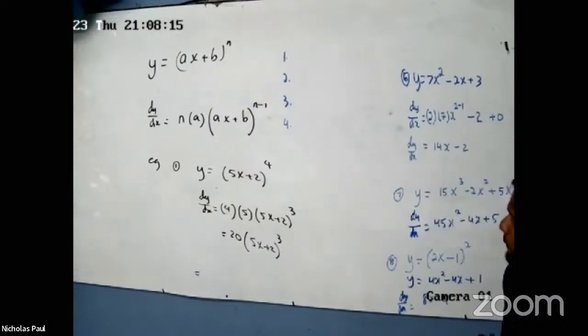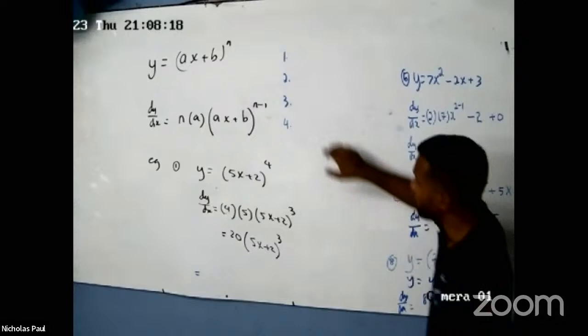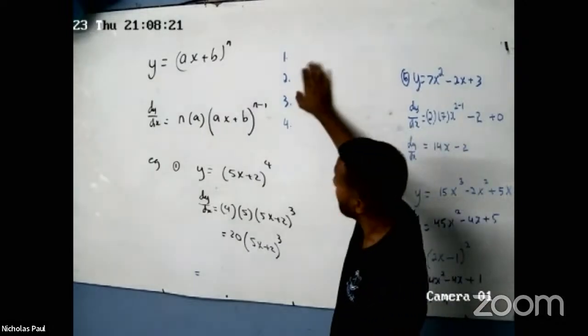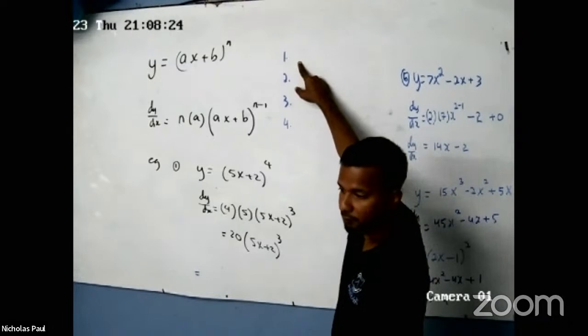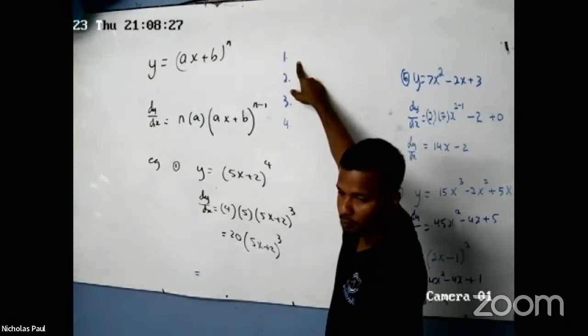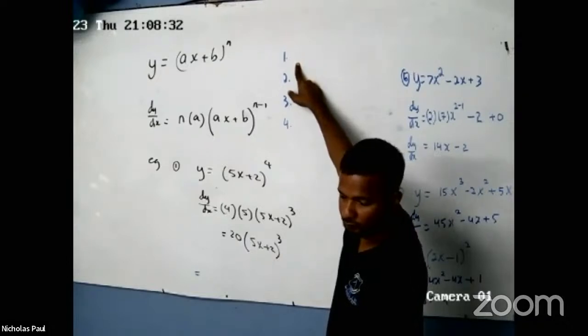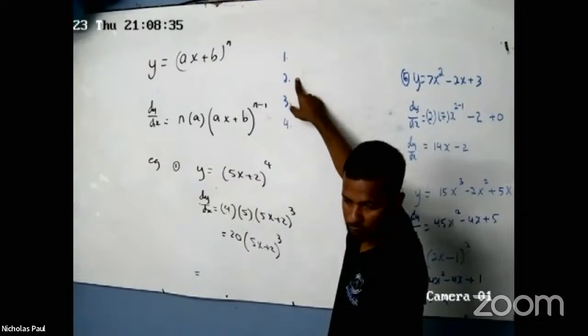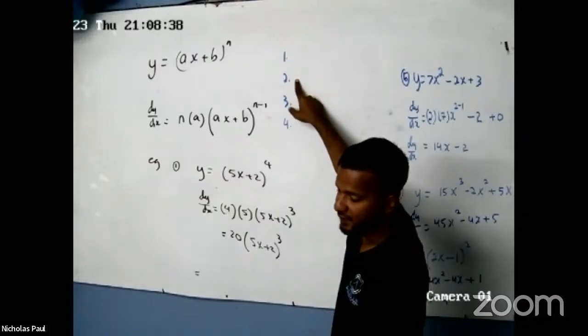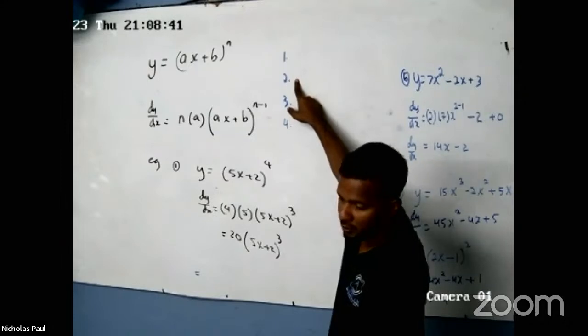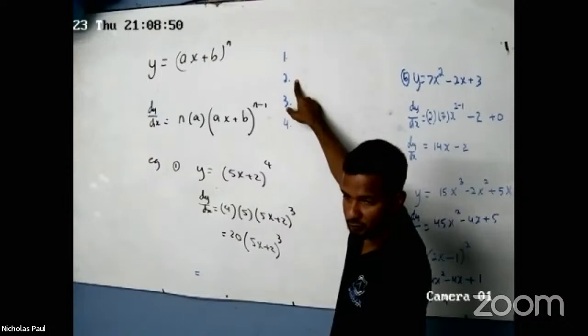Ready for the 4 steps? Step number 1, bring down the power. Just write down the 4 steps. Number 2, differentiate inside the bracket.